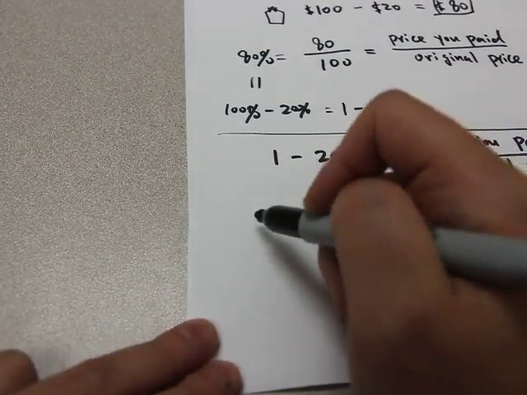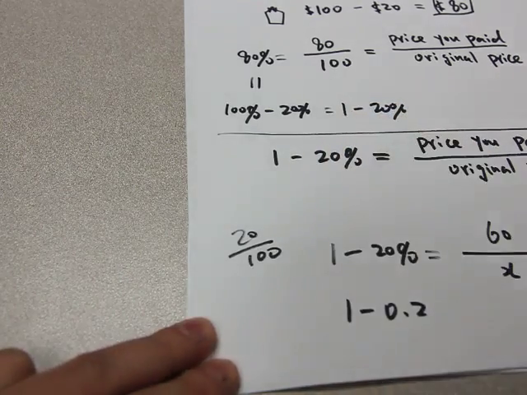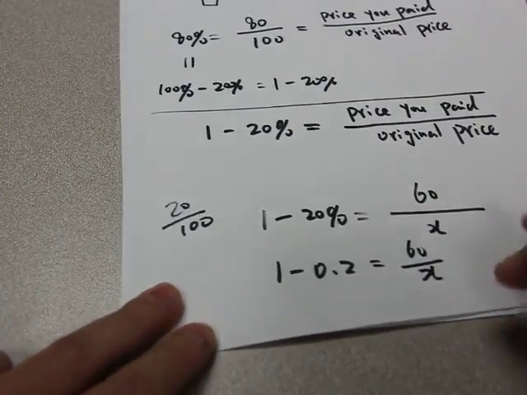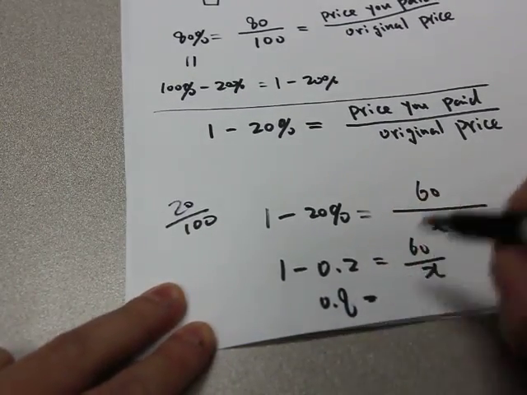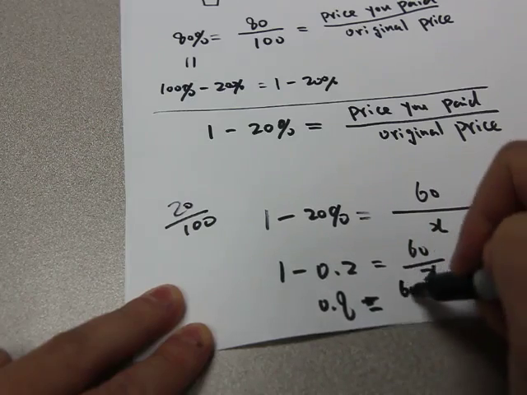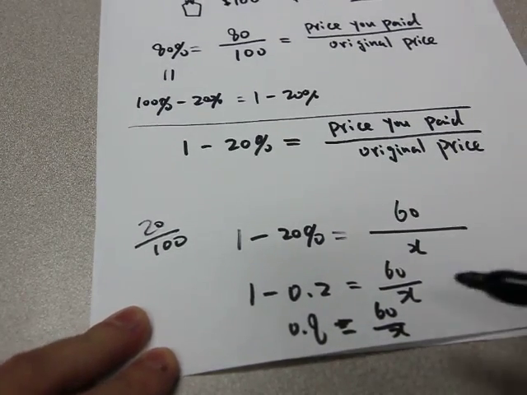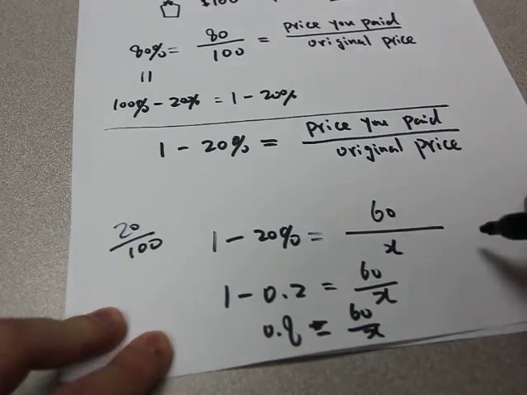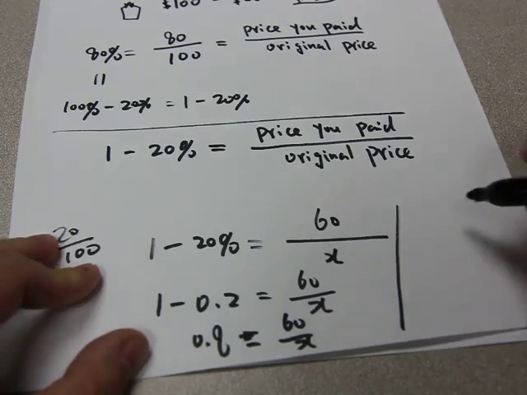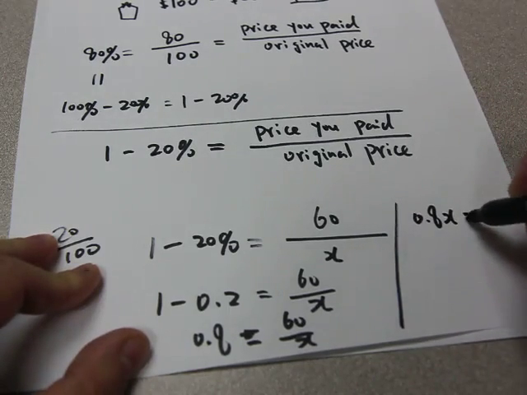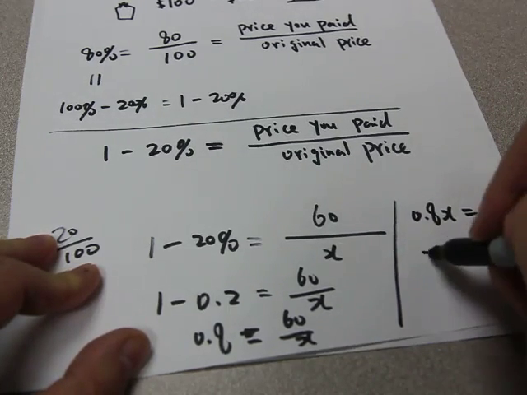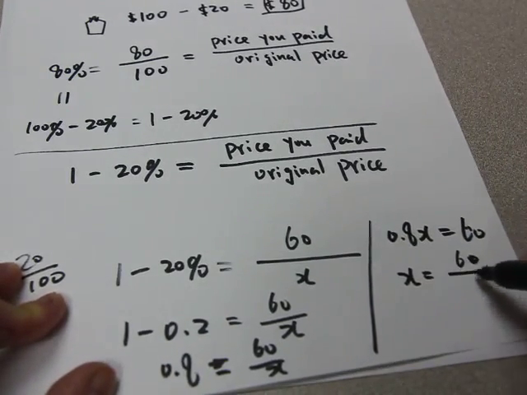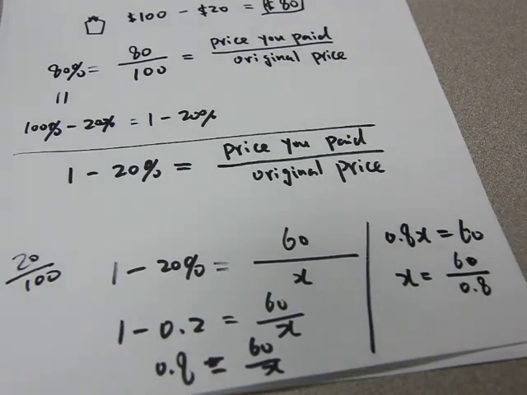So just divide 20 by 100, and this equals 60 over X. So 0.8 equals 60 over X, and then if we multiply X on both sides, you will have 0.8x equals 60, and then to find x, we just divide it by 0.8.